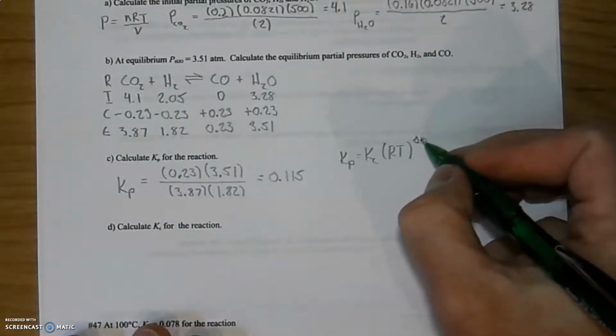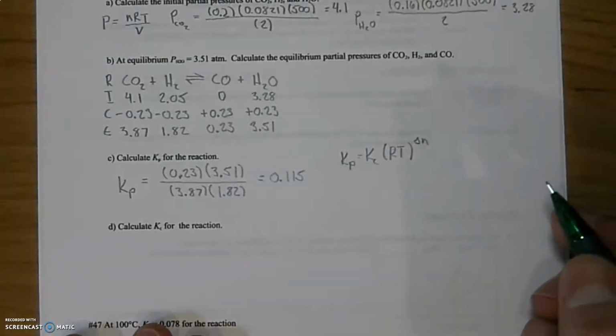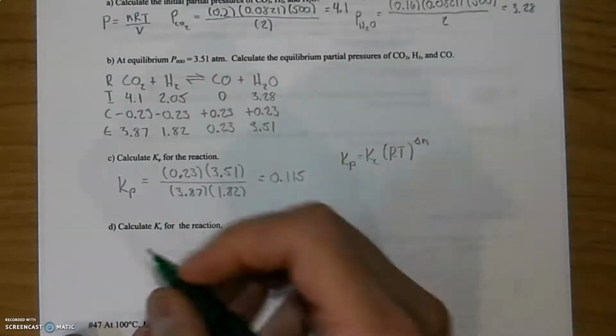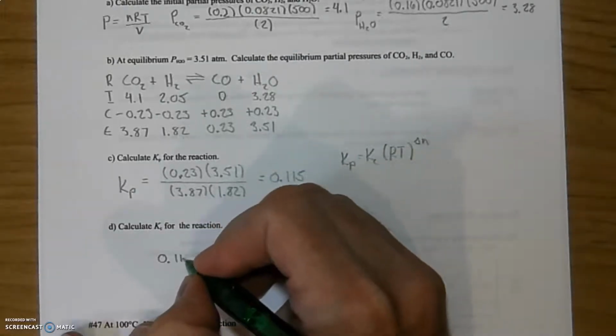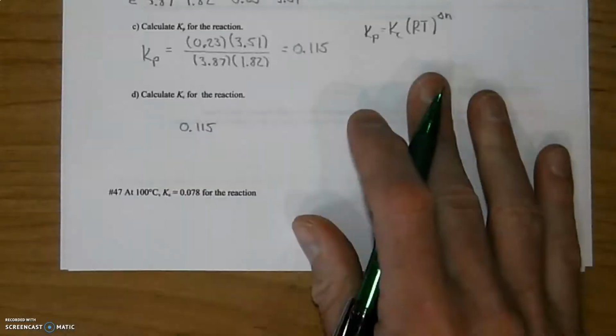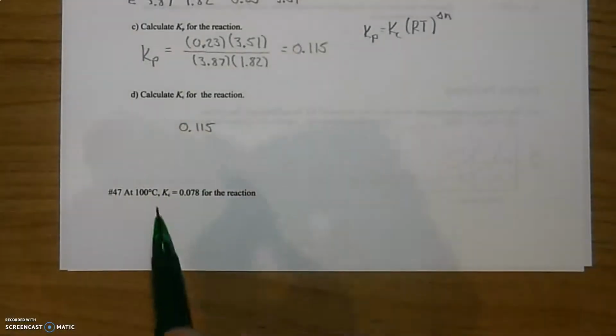Anything raised to the 0 power is 1. Therefore, these two values are equal to each other. I'm not going to do any other calculations. I'm simply going to say it is 0.115. And that is the last part of that problem.